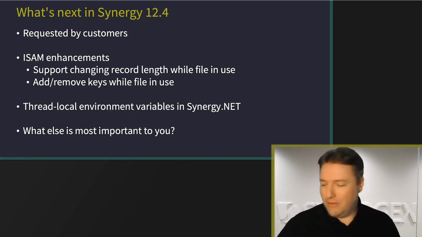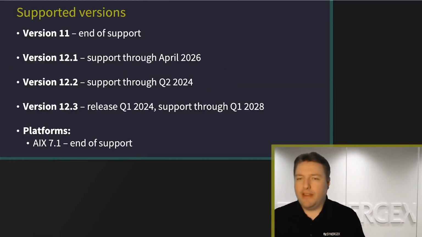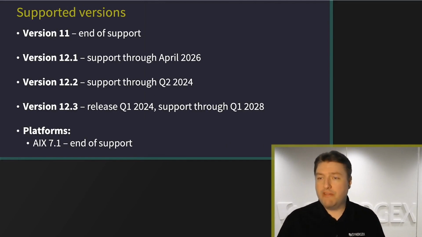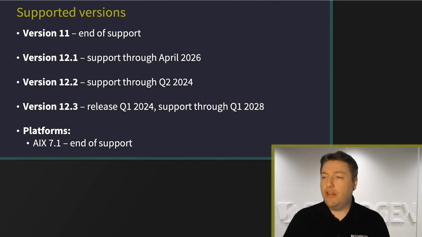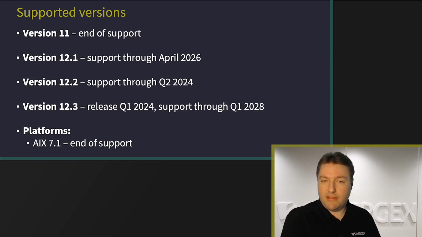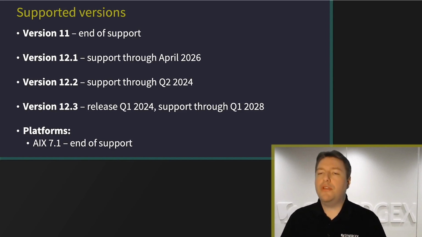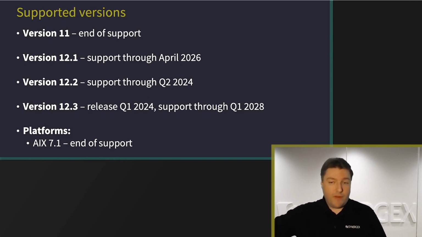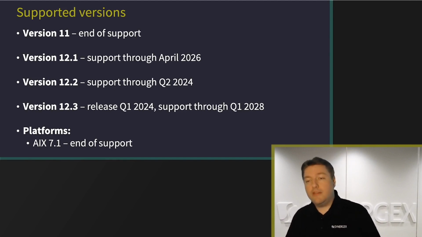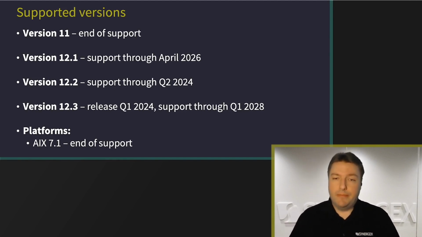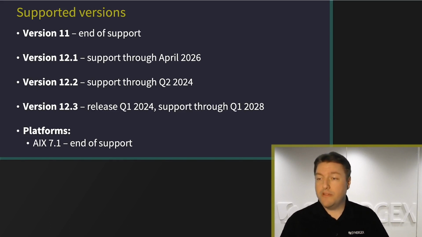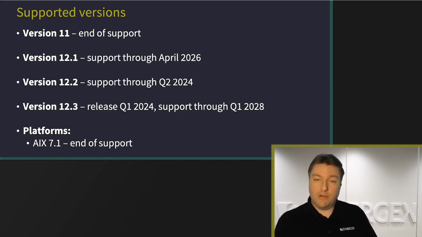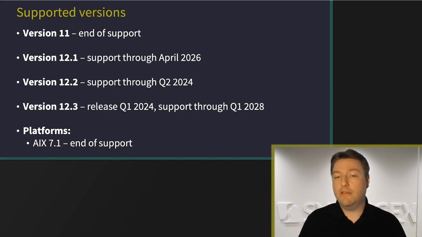software to grow. Okay, before I hand things off, I want to touch on version support really quickly because things have changed with the release of the LTS system to make it easier for you to plan your future updates. In September, we waved farewell to version 11 as it reached its end of support. With a known launch date for 12.3, we now know that the 12.1 LTS will have an end of support 4 years after its initial release, so ending in April of 2026.